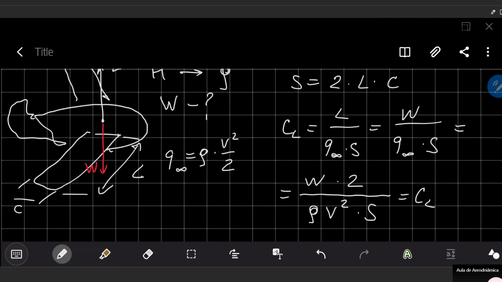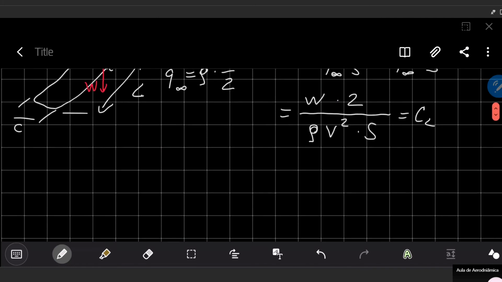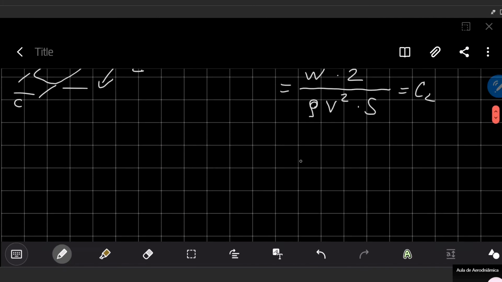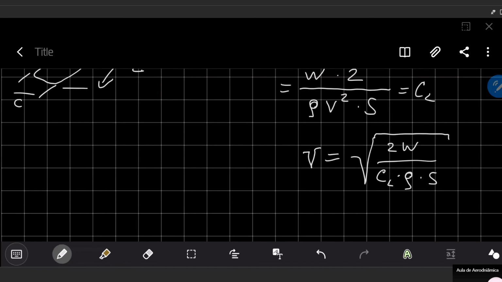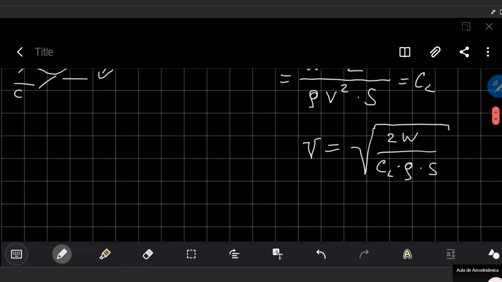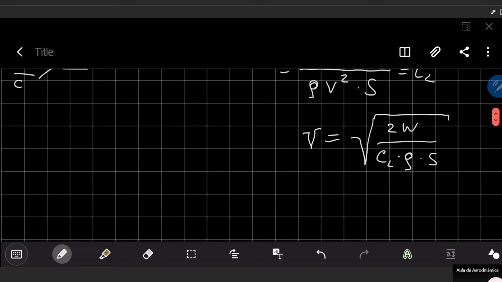Just express velocity from this relation. Velocity from this relation would be equal to, since it's squared here, the square root of 2 times weight divided by CL, then the density and the area. I think it's correct.